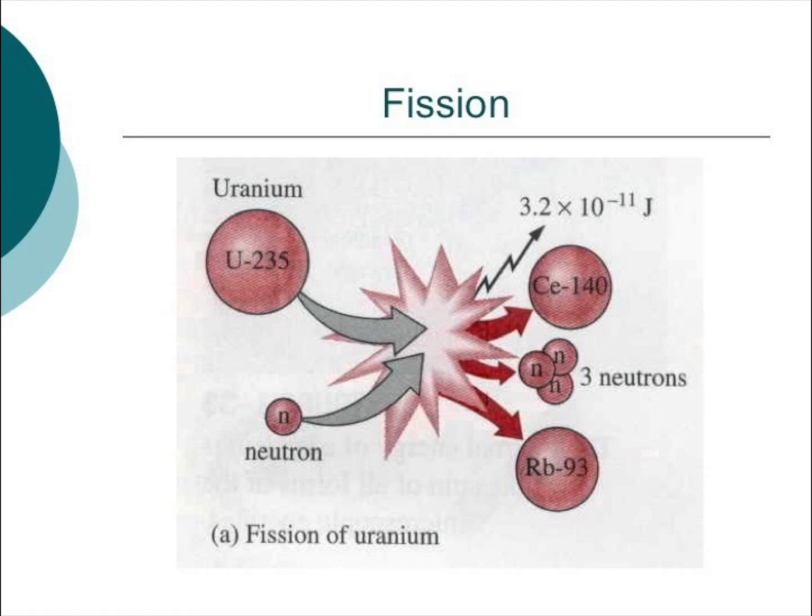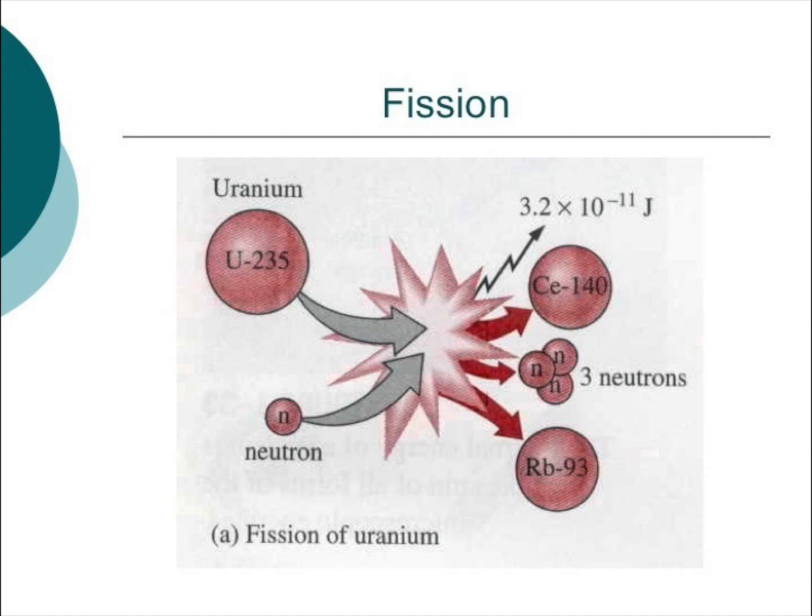So not only is energy released, and it's released in the kinetic energy of those nuclei, and then that energy is transmitted to the surrounding water or other medium and becomes heat in the surrounding material. And also 3 neutrons are released, and those neutrons go on to cause a chain reaction.